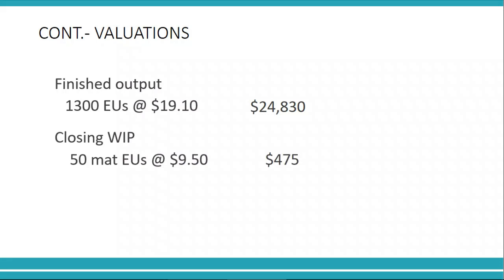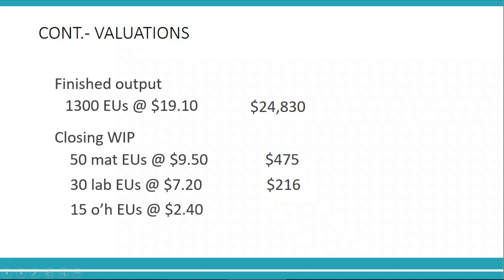With respect to labor, you had only 30 equivalent units, and one equivalent unit for labor is 7.20. So you multiply it and you get $216. With respect to overhead, we've got 15 overhead equivalent units at $2.40, so 15 into 2.40 is $36. So my value of closing work in process is $727.